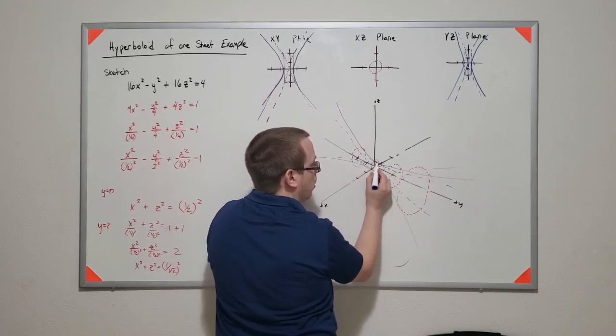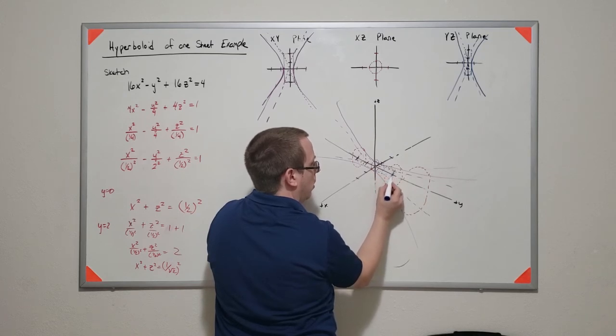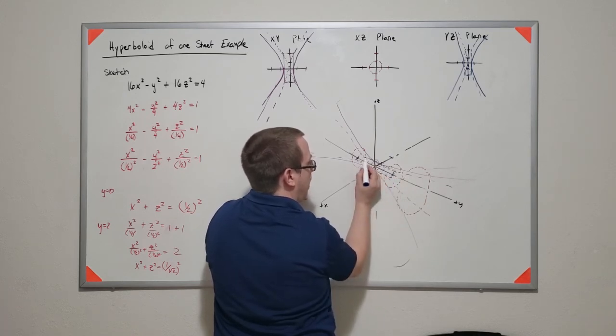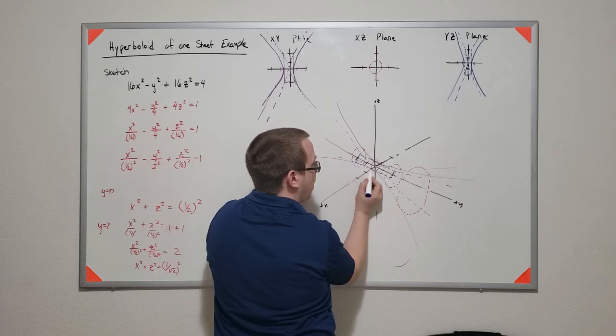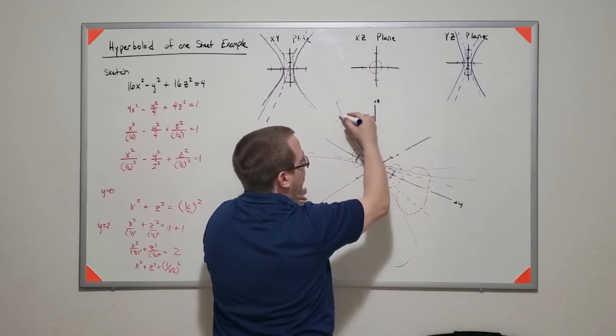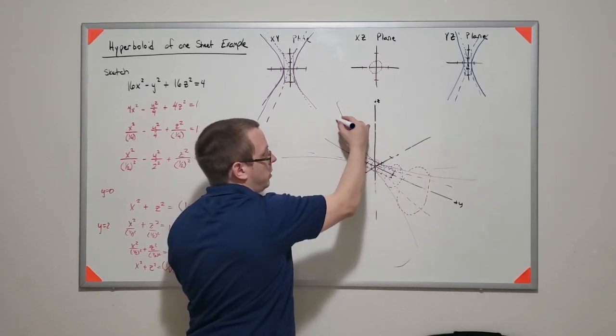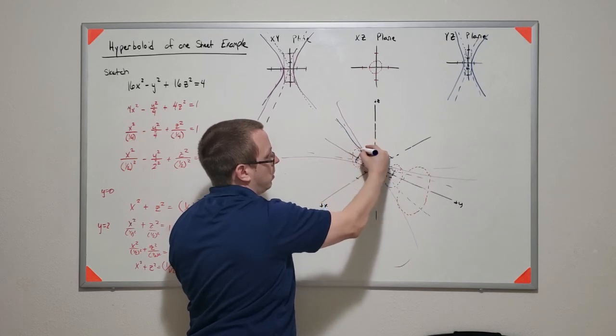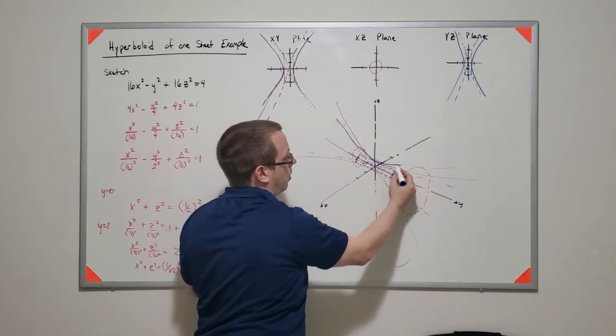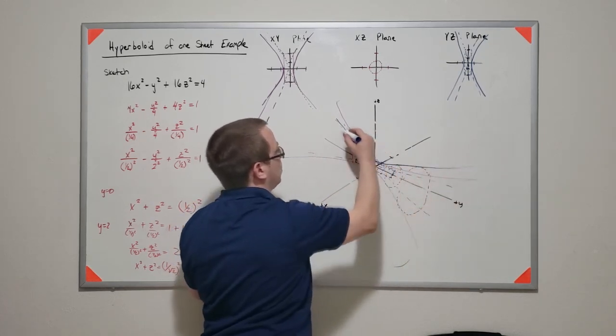And so your hyperbola is still going to strike these circles, right? If this circle's valid, it's still going to go up through those circles.